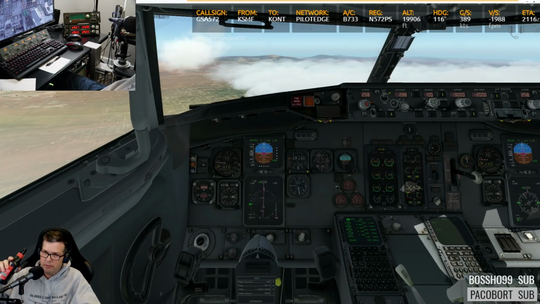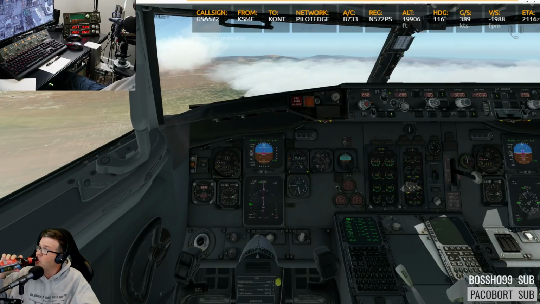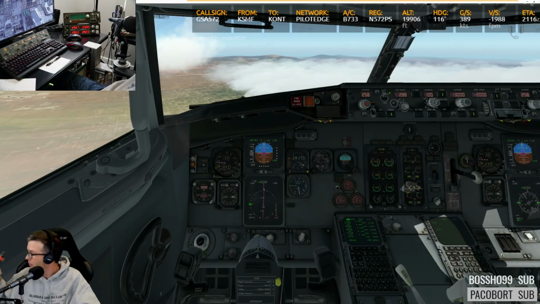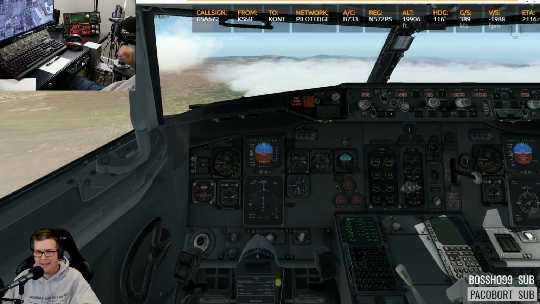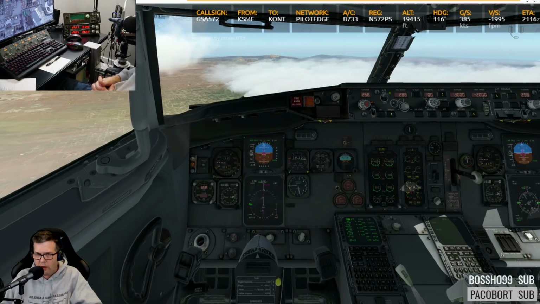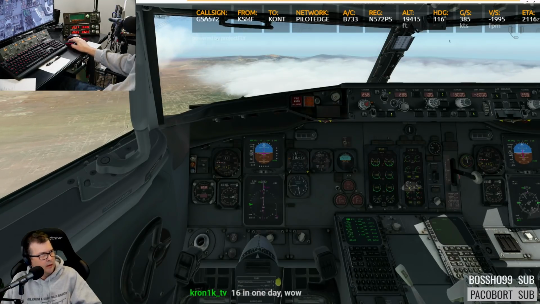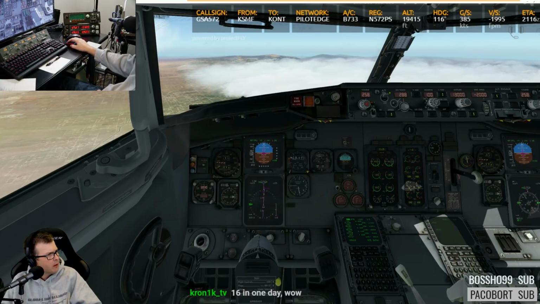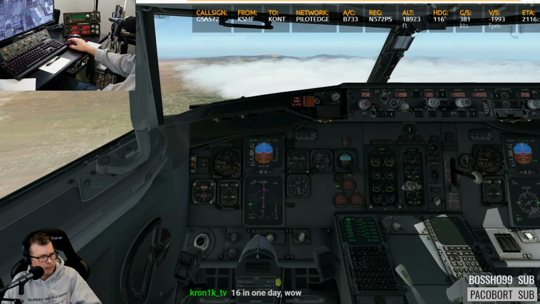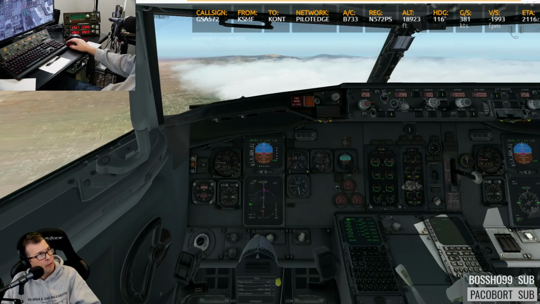Although we did lose 16 people yesterday because they did not meet the requirement of one profitable flight per 45 days. All right, let's see if the weather's changed. Yeah, 16 in one day. They got booted. Unfortunately, it's sad.